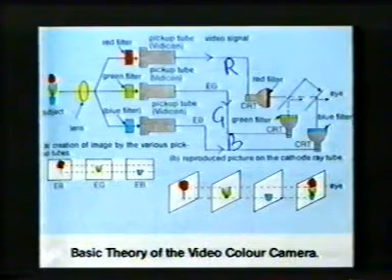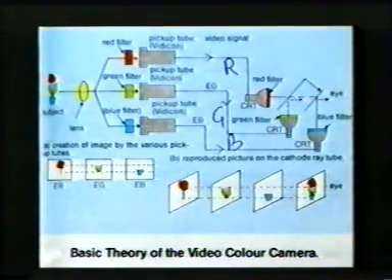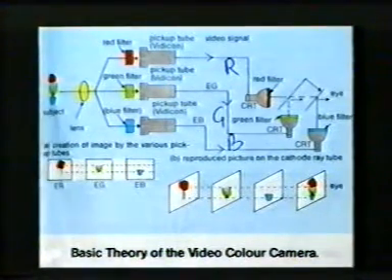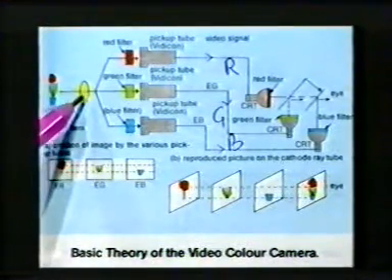Now I will explain the basic theory of the three tube camera functioning with the help of this figure. This is the diagram representing the basic theory of the video color camera having three tubes. A color object has been placed in front of the video camera lens.